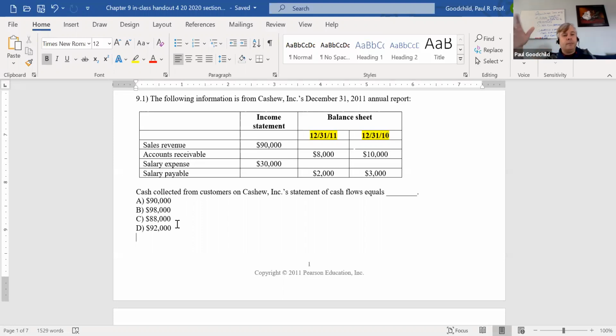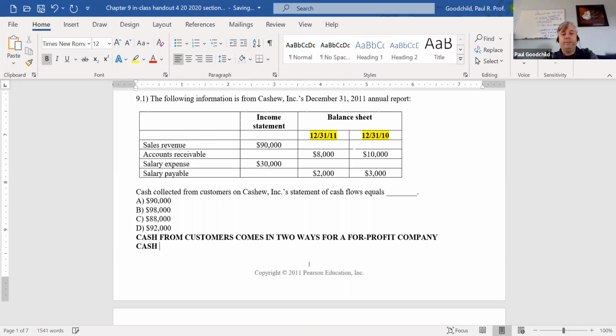All right, so several good answers here. There was one that was complete. So cash from customers comes in two ways for a for-profit company: cash sales plus collections on accounts receivable.